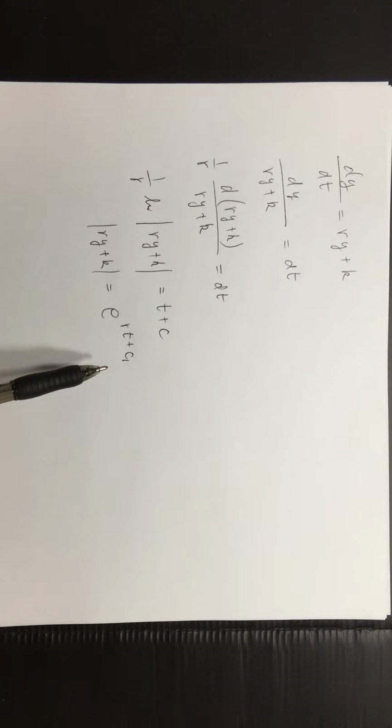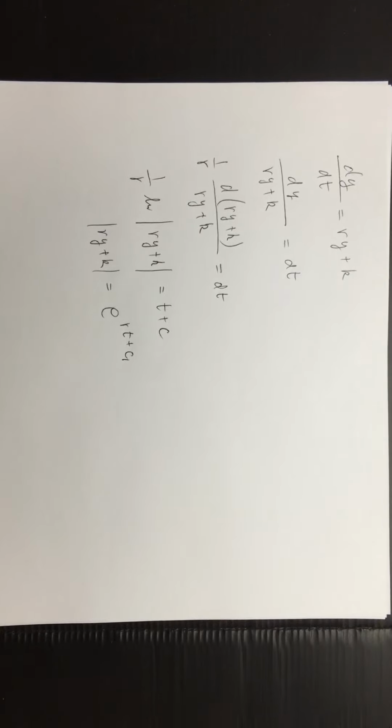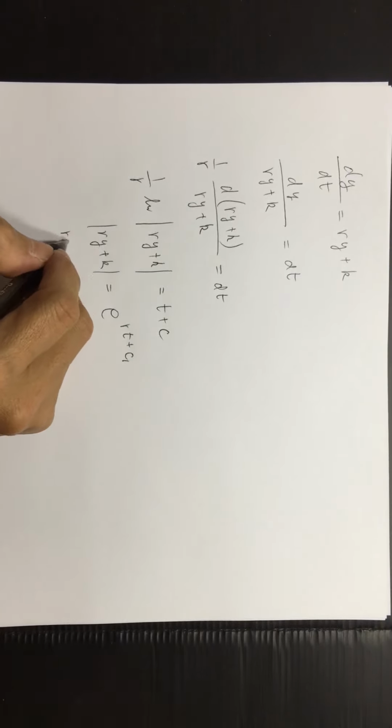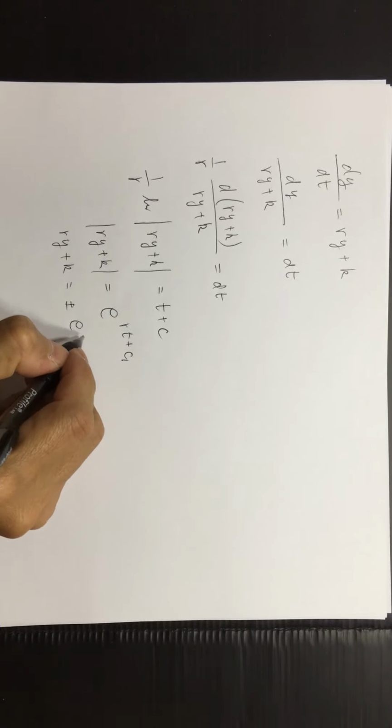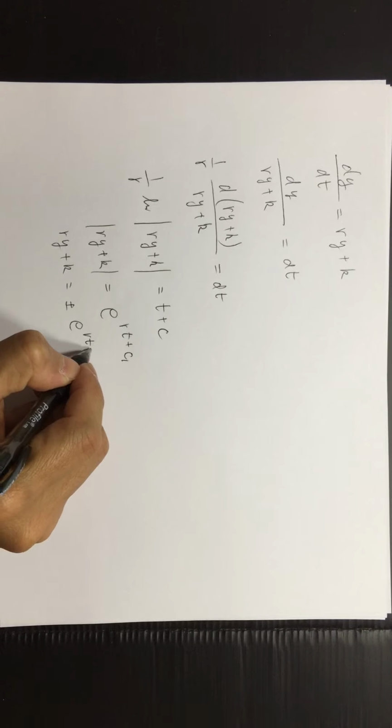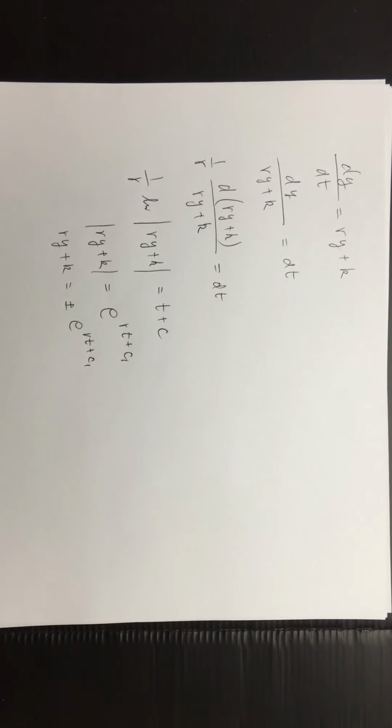When you write it up, it becomes plus or minus e to the rt plus C1, right?